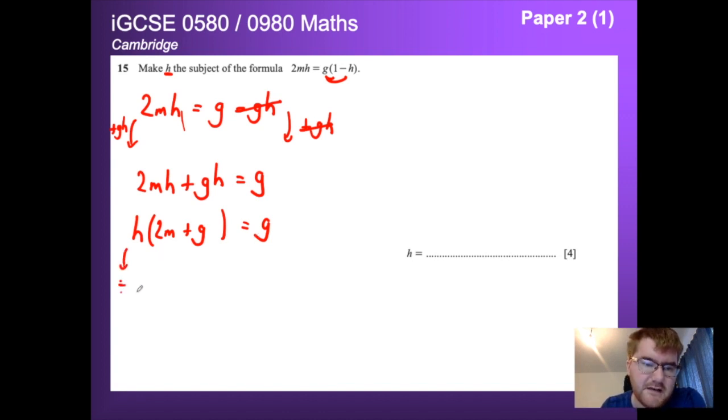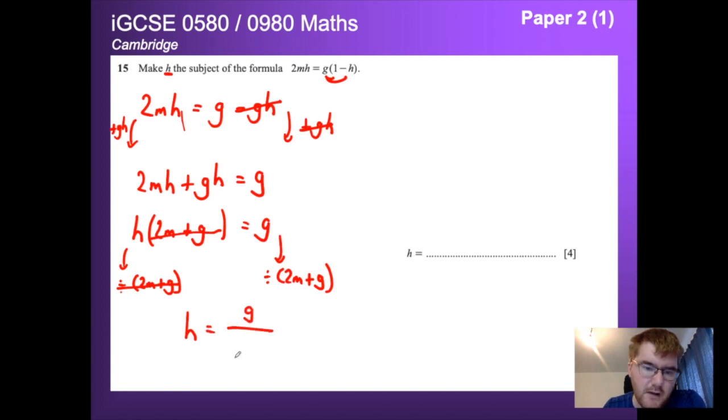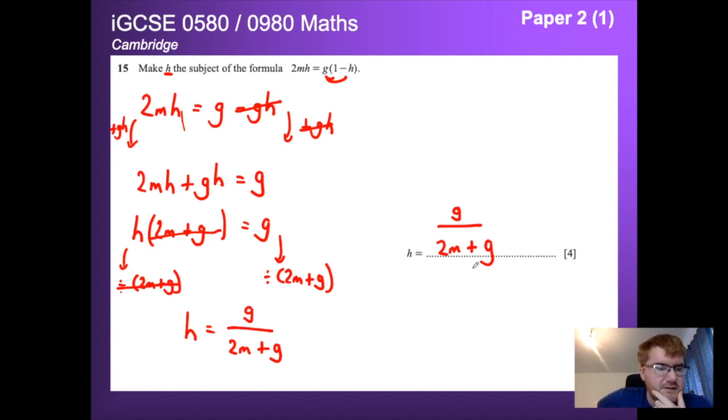So we're going to divide by 2m plus g on both sides, like so. Again, this has the lovely effect of cancelling, so we then get h is equal to g over 2m plus g. And that is our final answer. So we're going to pop that over here. Notice you get 4 marks for not too much working. It's more understanding the strategy, knowing what you need to do for this kind of question, and you can see you can do this in best part of 2 minutes.